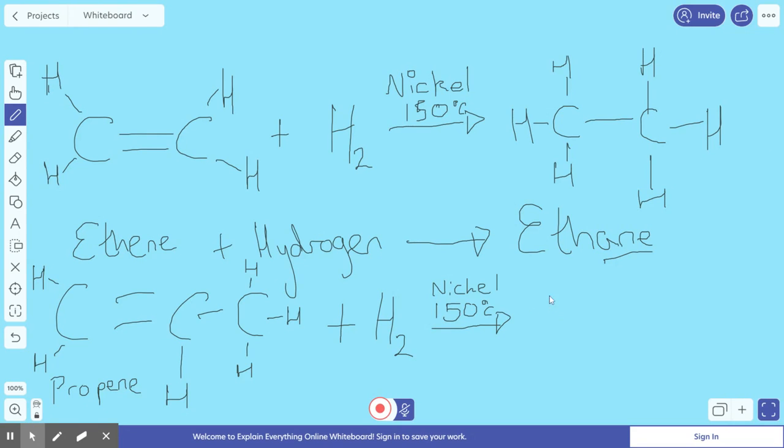Okay, so we are going to draw our 3 carbons in a line, single bonds between each of them, and as you can see over here, this carbon's got 2 hydrogens, and we know it can have 3, so we're going to add 1 of these hydrogens onto this carbon, and this one's only got 1, whereas in the middle it can normally have 2, so we're going to add the other hydrogen onto this atom.